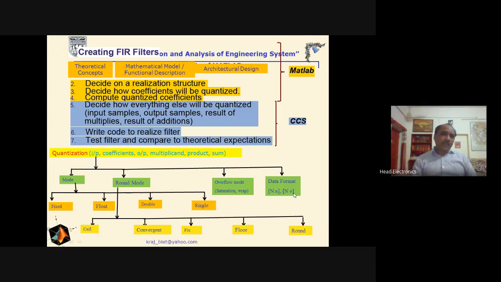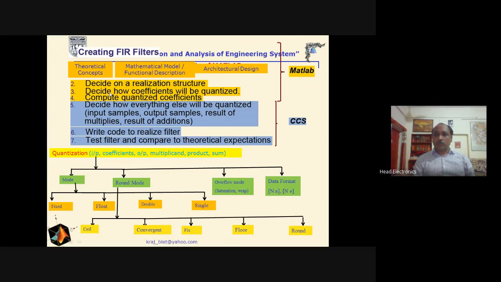So if we again see, during the quantization, first of all, starting from the requirement, we have to develop the theoretical concepts. Then we will develop the mathematical model, that is also known as the functional description or the functional model. And then we will move to the architectural design in order to decide what will be the realization architecture structure. And after deciding the structure, we will decide how the coefficients will be quantized.